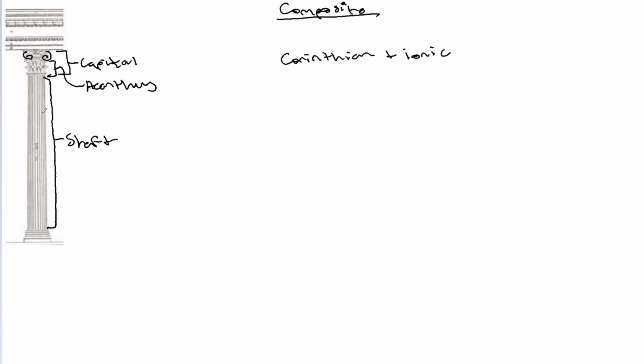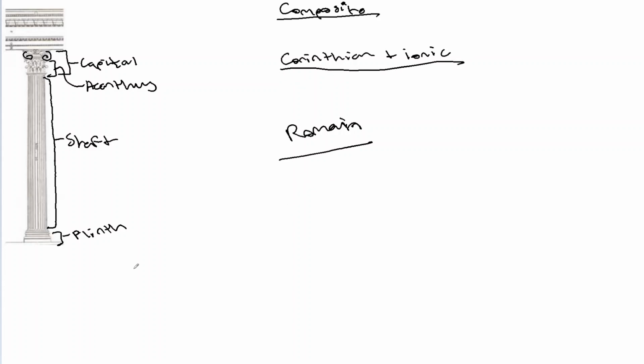There are also 24 flutes. Our plinth is also visible, unlike the Doric order. There's really not much to say about the Composite order other than that it was Roman, it was a combination of the Corinthian and Ionic, and that it used larger volutes.